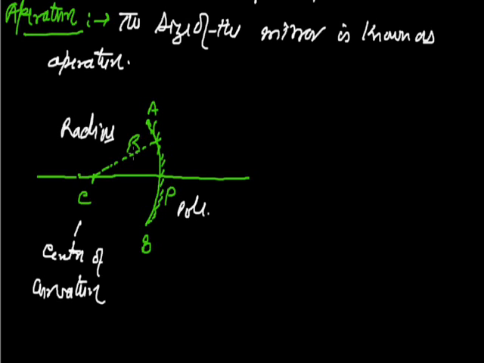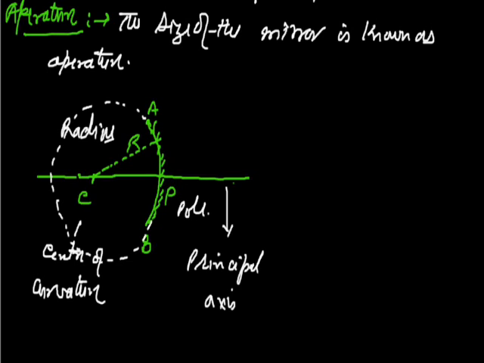This AB is known as aperture and it is known as principal axis. If we complete the sphere, that will be the sphere.